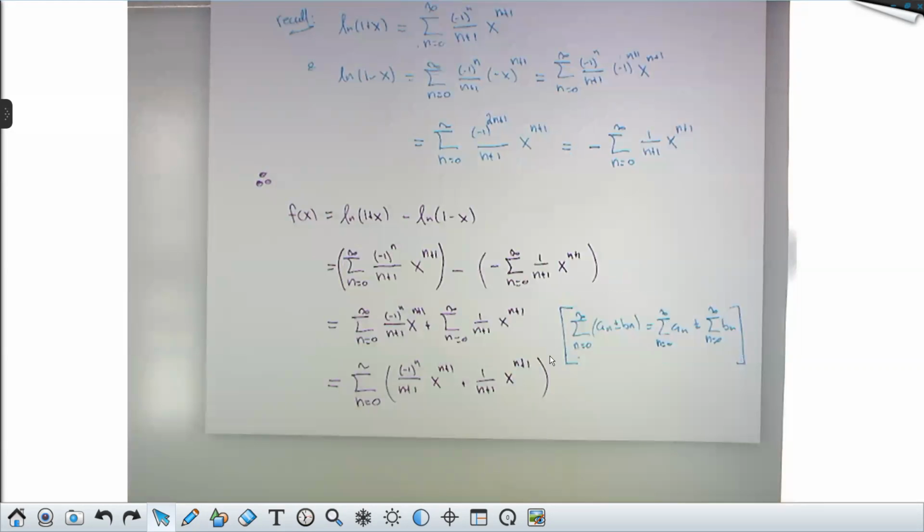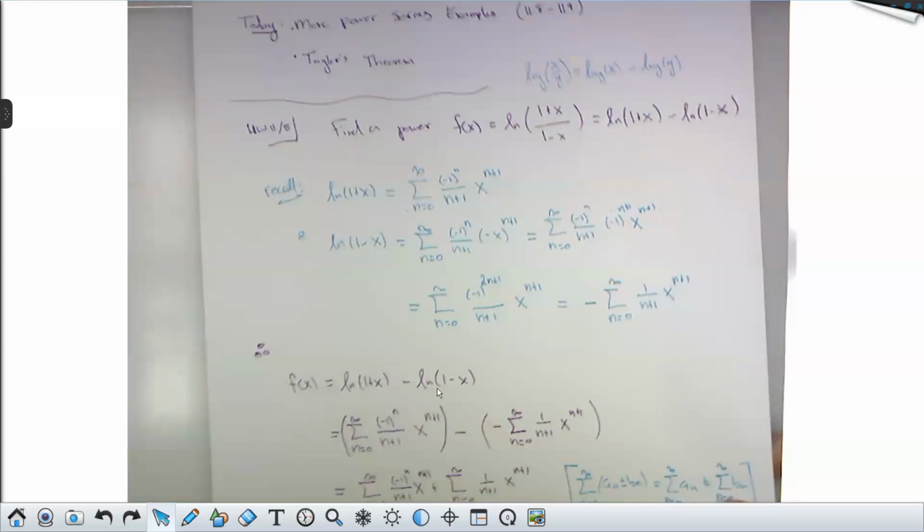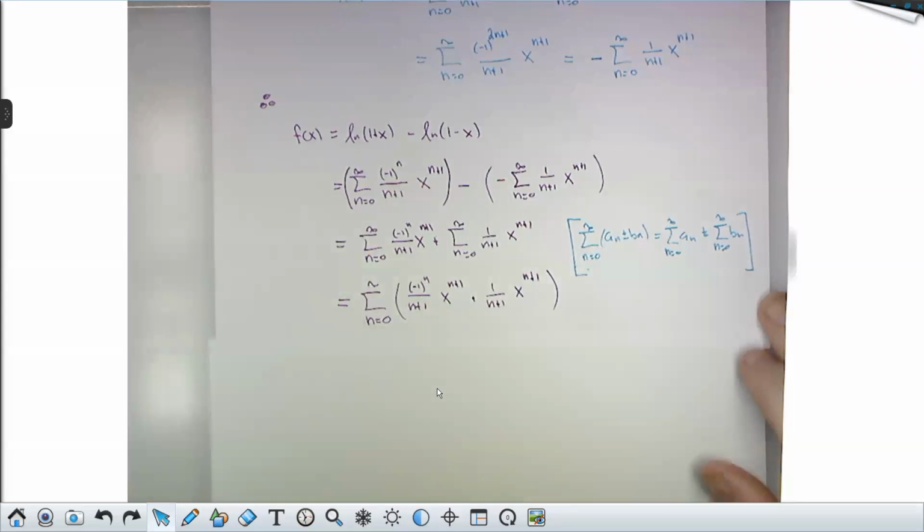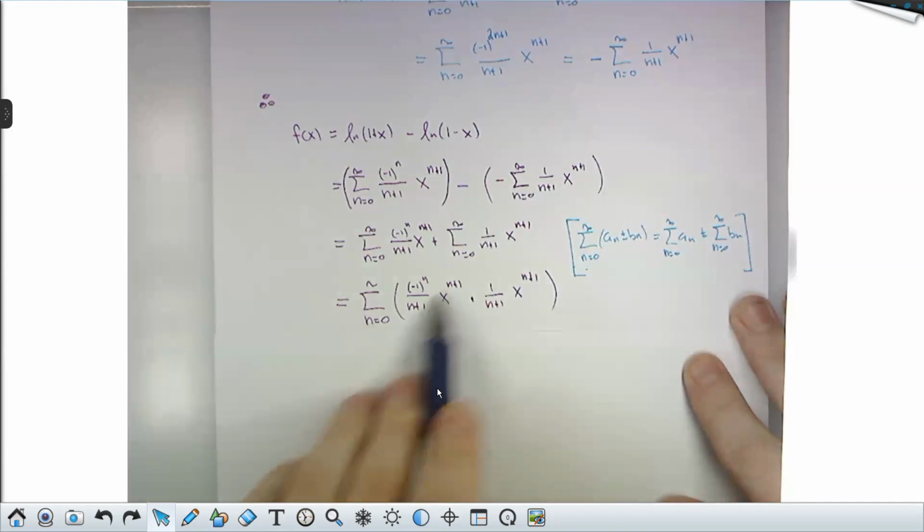And now within these purple parentheses at the bottom, I have quite a bit that I can factor out. What's common in these parentheses?